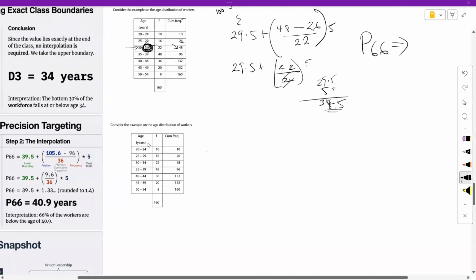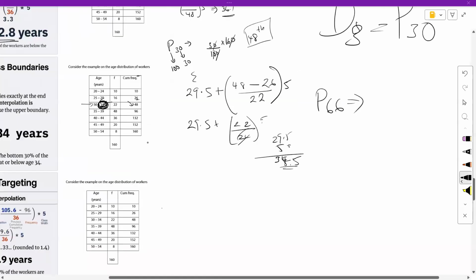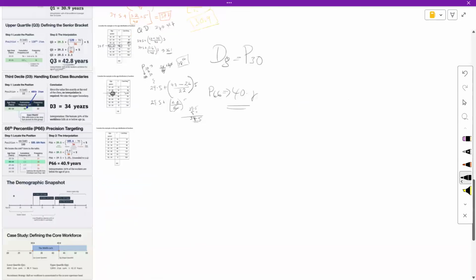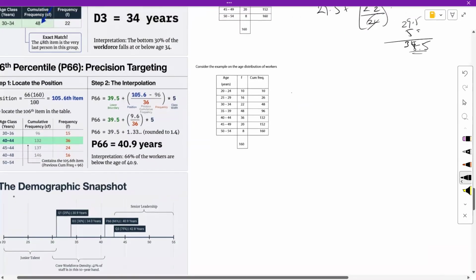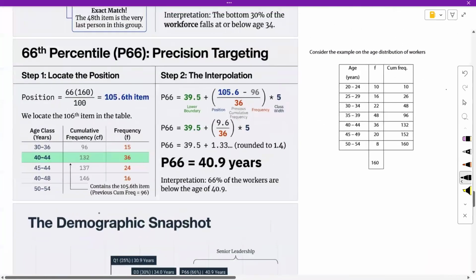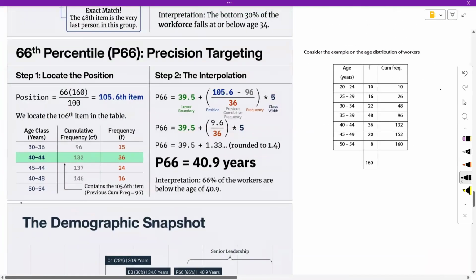Answer? 40.8. See, 40.8. Here, 40.8 or 40.9?